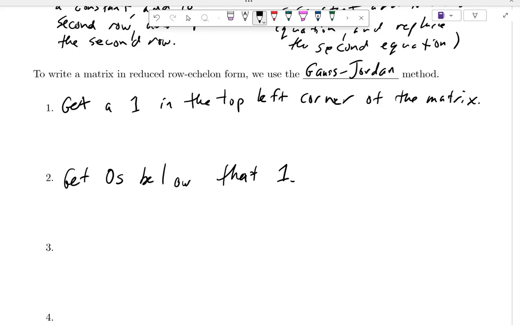Okay, and then we're going to start repeating this process. Okay, what did we do next? After we did the first 1x in the upper left-hand corner and got zeros, what did we get next? A 1y, right? So now get a leading 1 in the second row. What did we do after that?